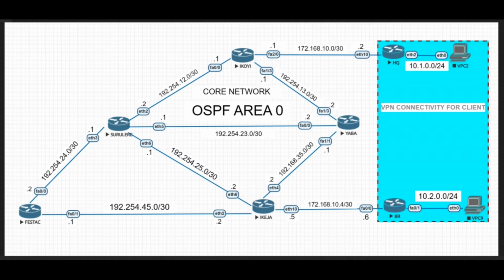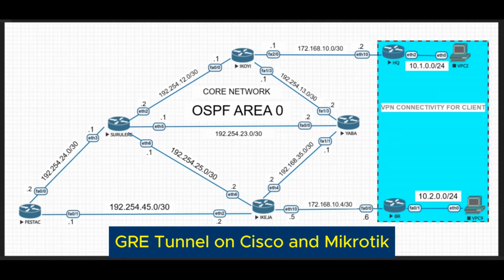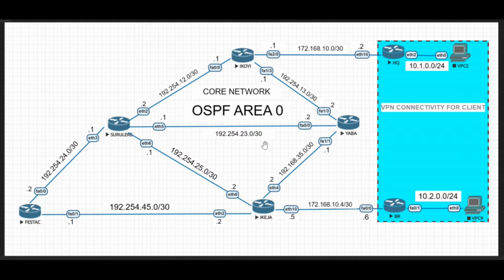From what we have on our screen, we want to implement this network architecture for a service provider and a client as well. This colored area is for the client, while this non-colored area is for the service provider.